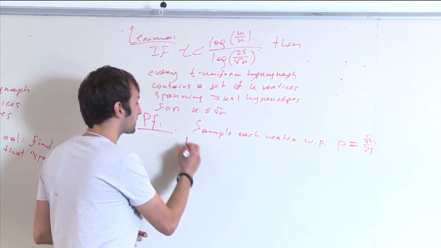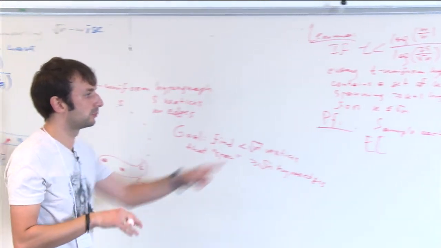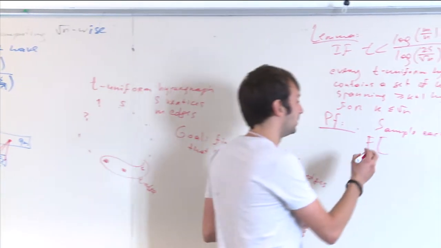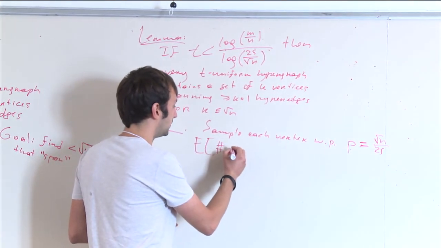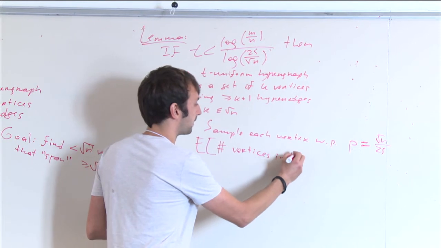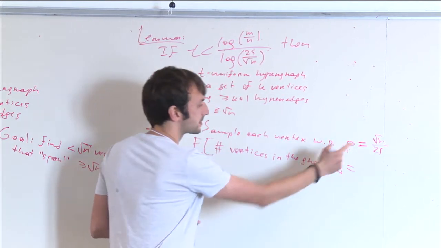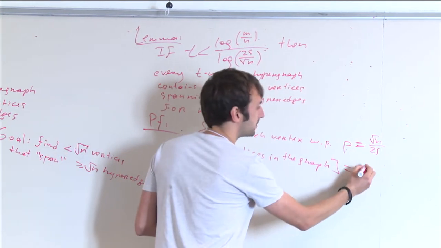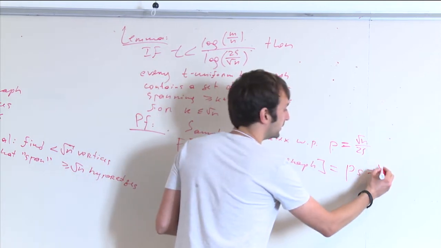Okay, so what's the expected number? Sampling means that a vertex remains in the graph only with probability p. What is the expected number of vertices that are left in the graph? I started with s vertices and sample each with probability p, so it's ps, which is going to be square root of n over 2.